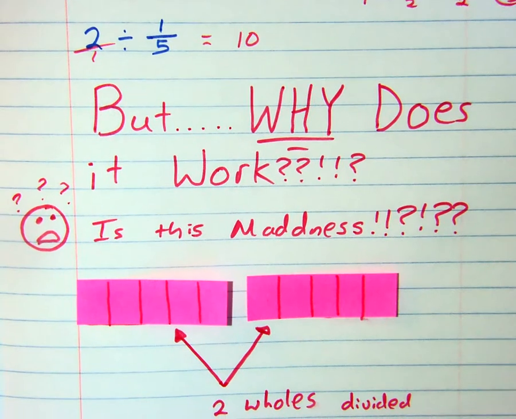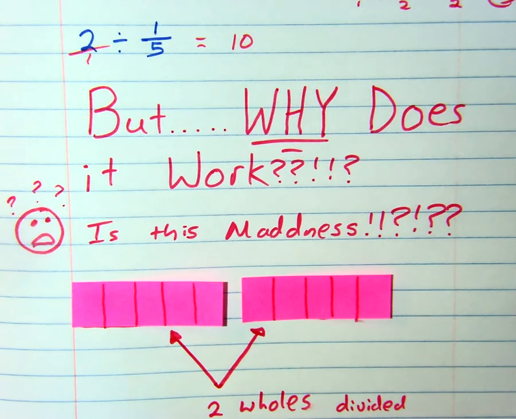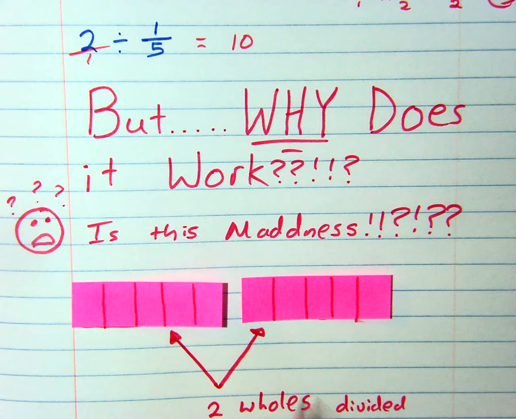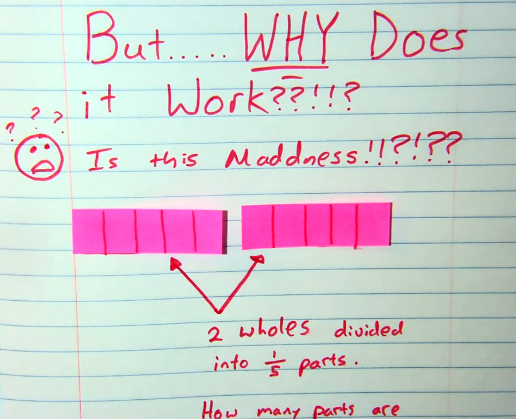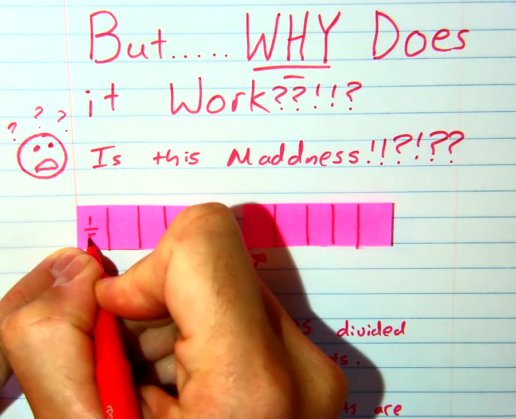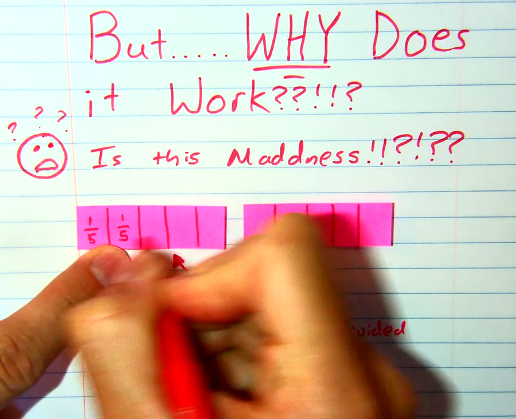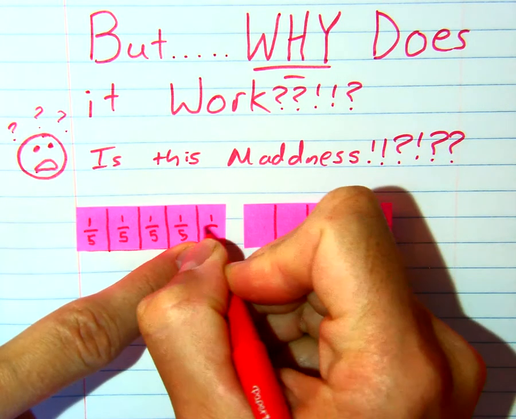We start with two wholes. So each of these strips is one whole. So one whole makes two wholes. And we are dividing these two wholes into fifths. So each one of these is 1/5, 1/5, 1/5, 1/5, 1/5.